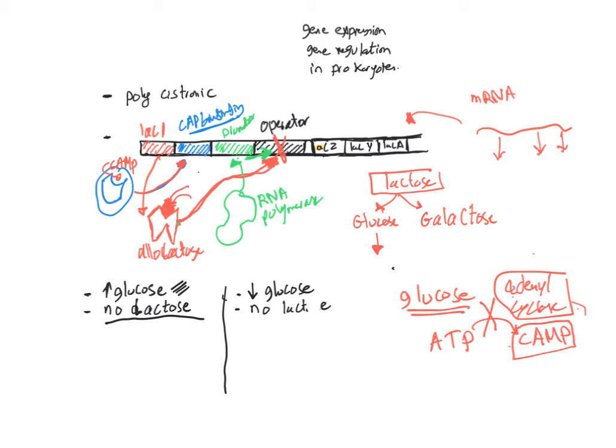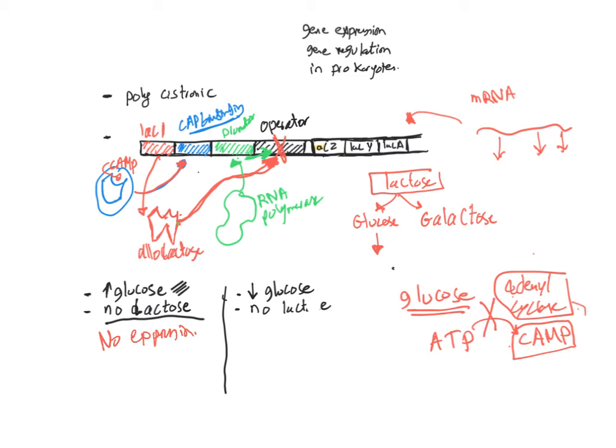If there is no lactose, then there is nothing bound here, so the repressor is free. It will go and bind to the operator site and hinder the ability of RNA polymerase to move freely. So the gene is not going to be expressed. No expression.